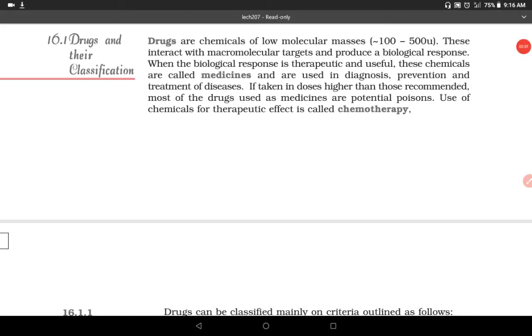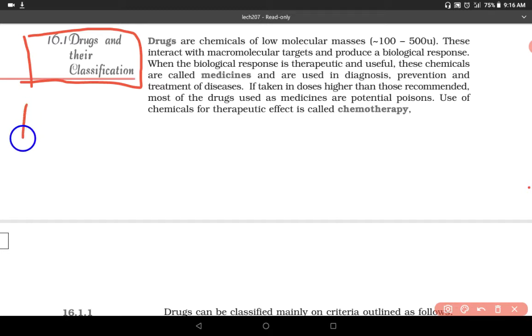Next, the first classification: drugs and their classification, that is 16.1. Drugs are chemicals of lower molecular masses. First we have to list out the points. First, the name: drugs. Drugs have a lower molecular mass, approximately 100 to 500 u.